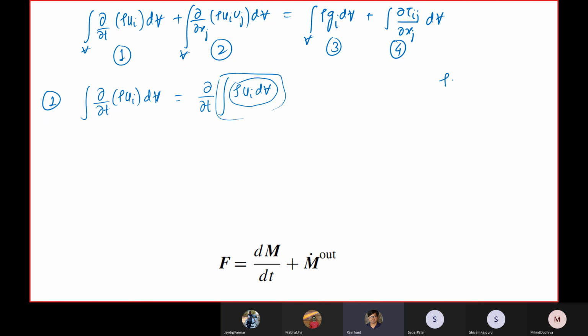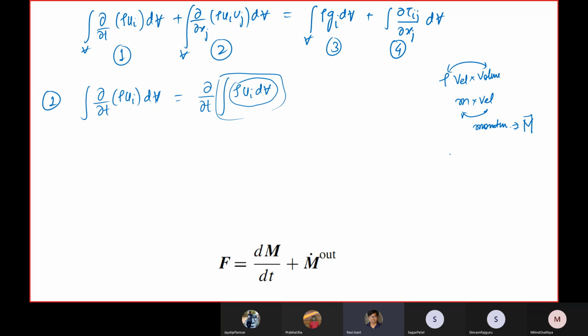Rho times velocity times volume. So rho and volume make mass times velocity. So mass times velocity is what? Linear momentum, isn't it? So I'll write this as capital M.